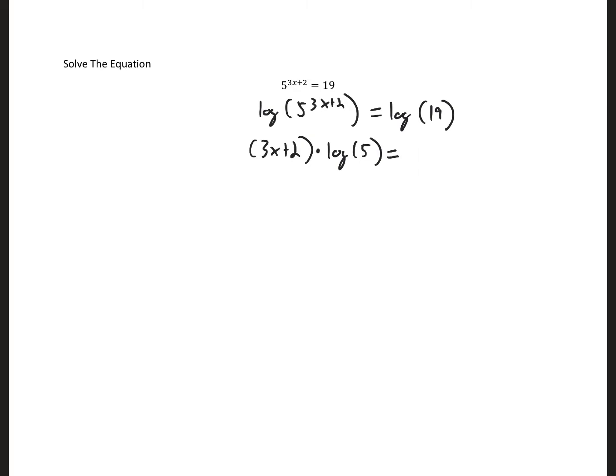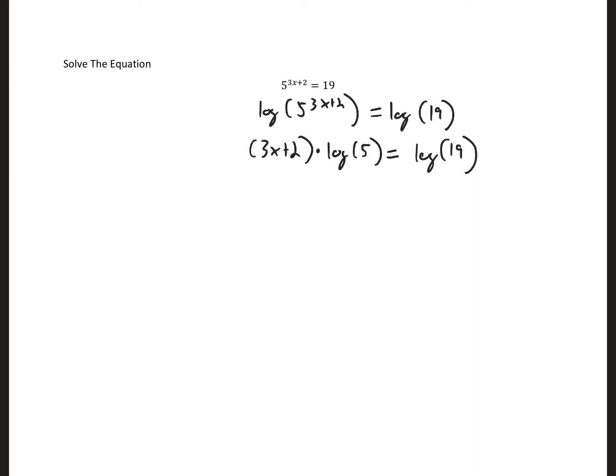There's no way to rewrite 19 as 5 to a power. So we're going to use the log properties. Let's take the log of each side. Okay, that allows us to bring 3x plus 2 to the front times log 5 using that previous log property.